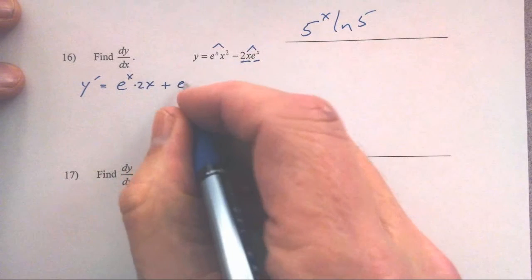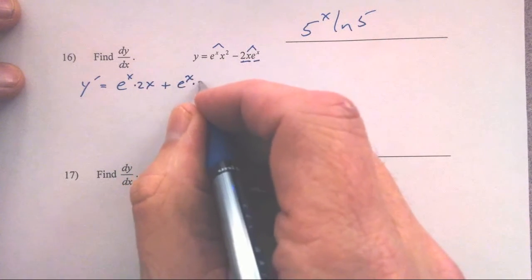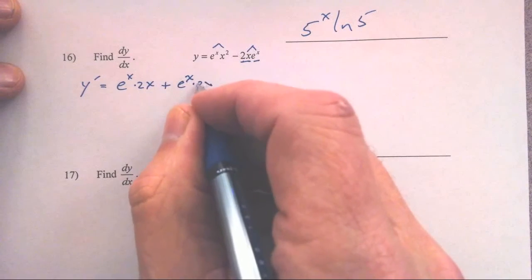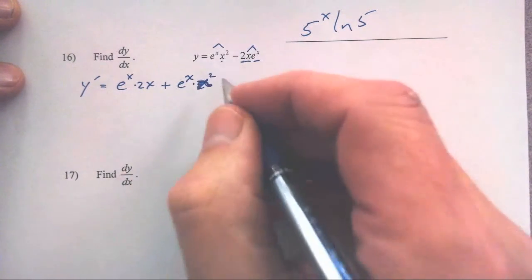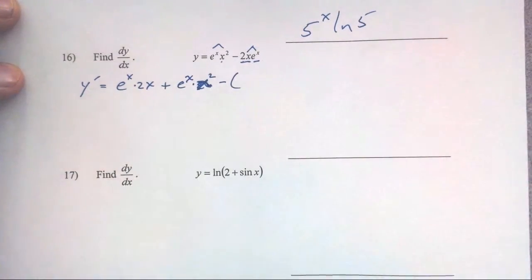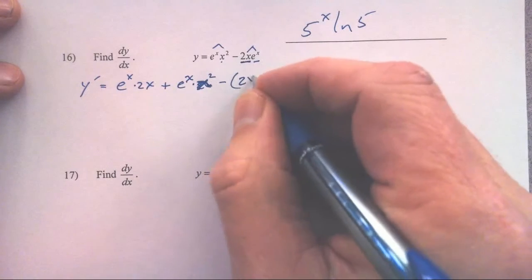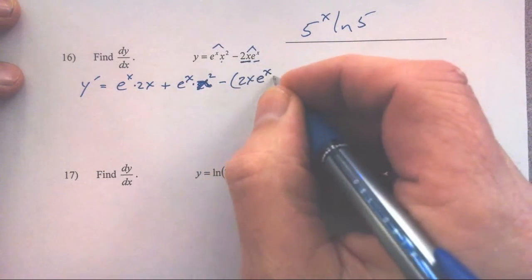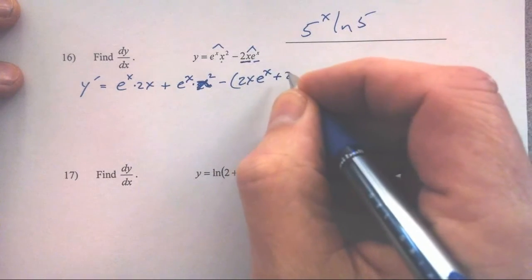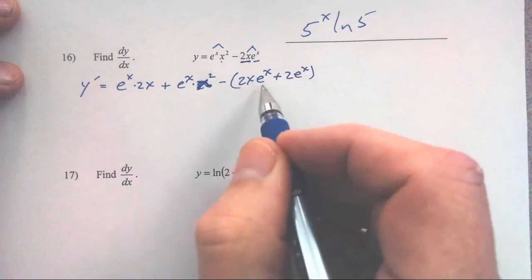Well, derivative of e to the x is e to the x, times the just plain second function, x to the second. Minus, I'm going to put this in parentheses, product rule. Plain old first function, I'm going to call 2x, times derivative of second, that's still e to the x, plus derivative of first function, 2, plain old second, e to the x.